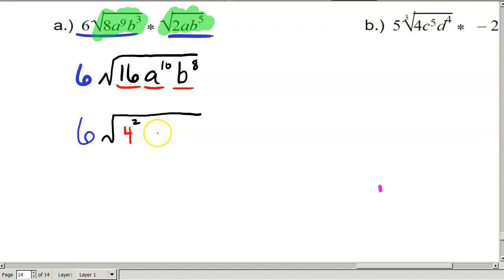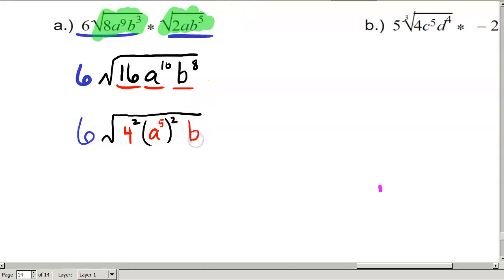Well, I know I can get 5 of them, right? I know that if I have a to the 5th, right, and I raise that to the 2, I can kind of factor it out like that, right? So I can have a squared times a squared times a squared times a squared, and I can write it out like that. And then b to the 8th, right?